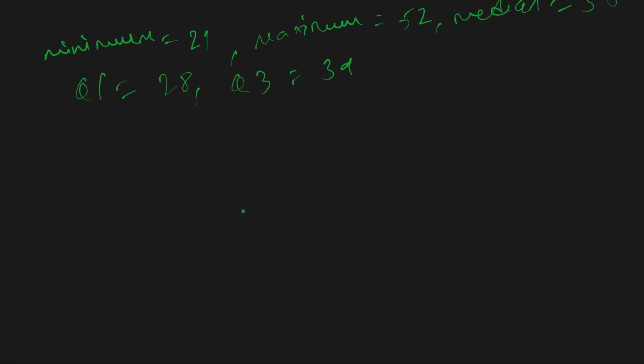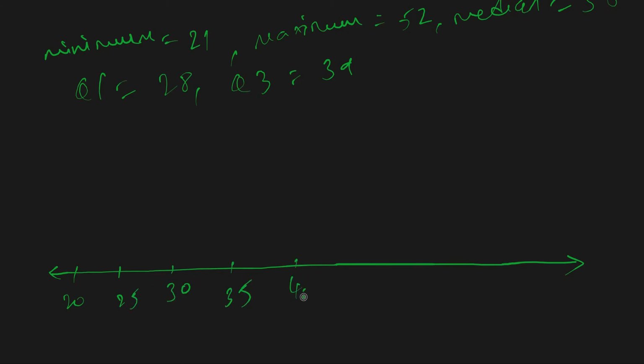Okay, so now let's plot our box plot, or box and whisker plot. Let me draw a scale first, and let's say it starts from 20, 25, 30, 35, 40, 45, 50, 55.